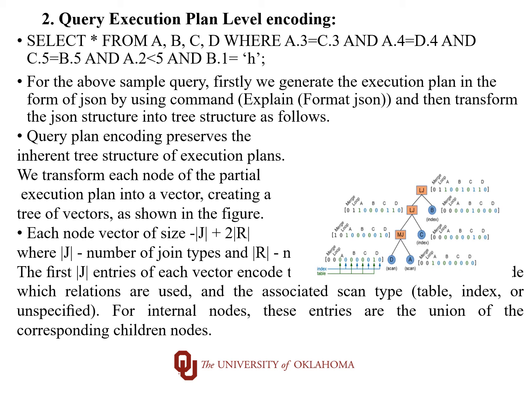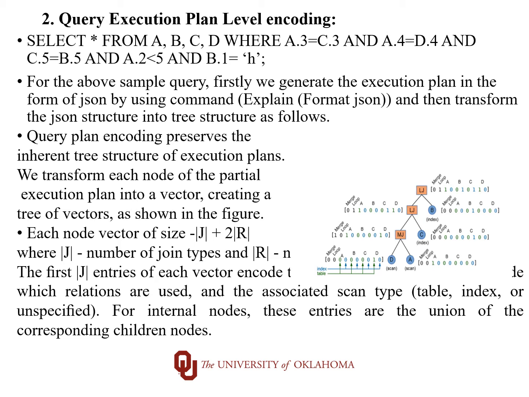And here the query plan encoding preserves the inherent tree structure of execution plans. And we have a number of nodes in a tree. Each node in a tree indicates a vector as shown in the figure. Each node is a vector.